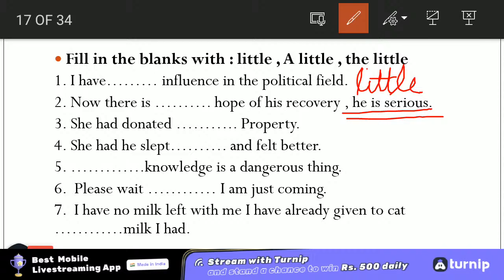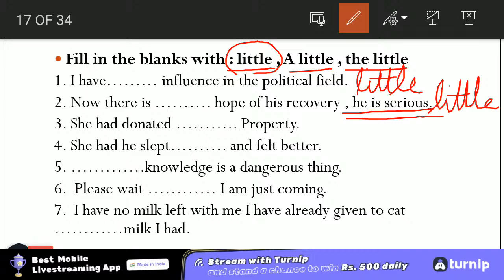So out of these three, little, a little and the little, which is used in the negative sense, कि कुछ, that is practically nil. So practically nil and negative meaning is shown by again little. So now there is little hope of his recovery. बहुत थोड़ा सा ही होप है.